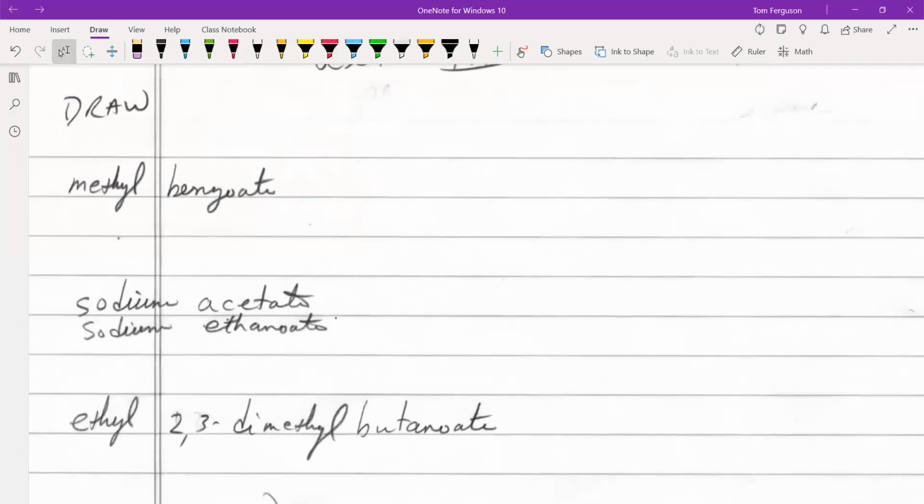And now we're doing structures. Okay. So ester. So that means that's the acid. That's the alcohol. So the acid is going to be coming from benzoic acid.